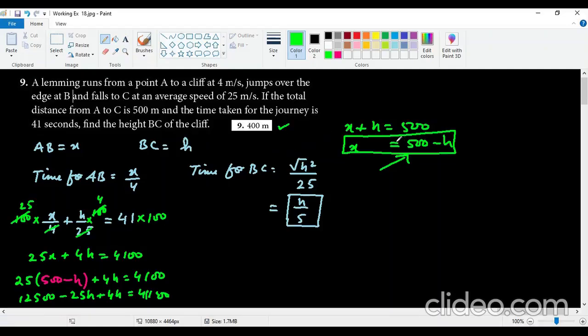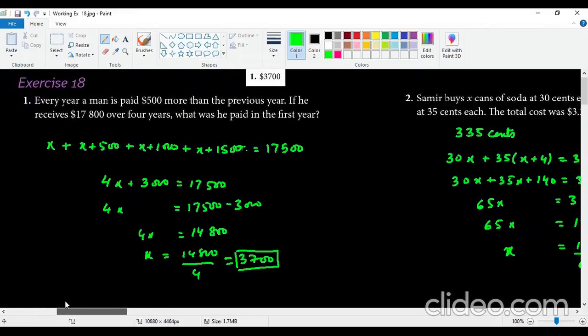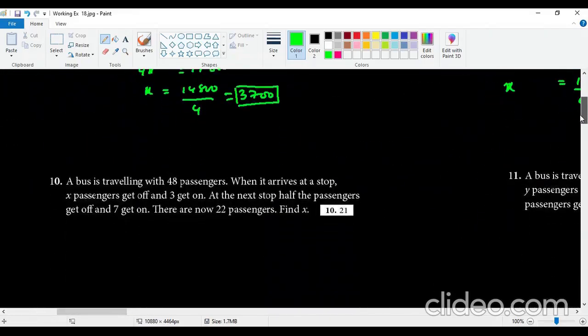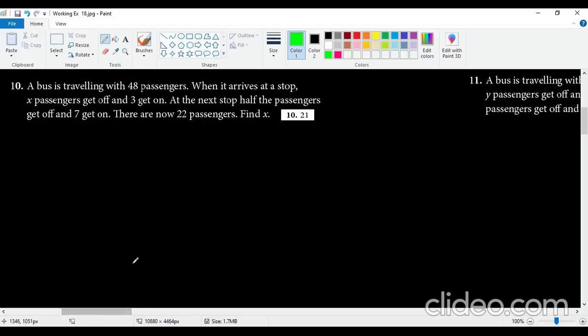Moving on to question number 10. This is question number 10. Now in question number 10 it says a bus is traveling with 48 passengers. So keep this in mind that there are 48 passengers already in the bus.